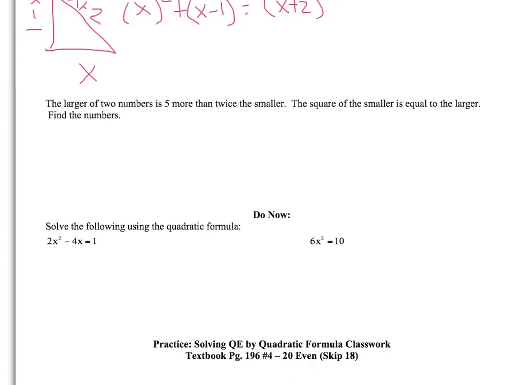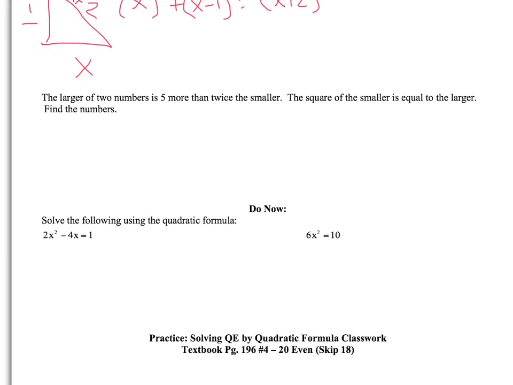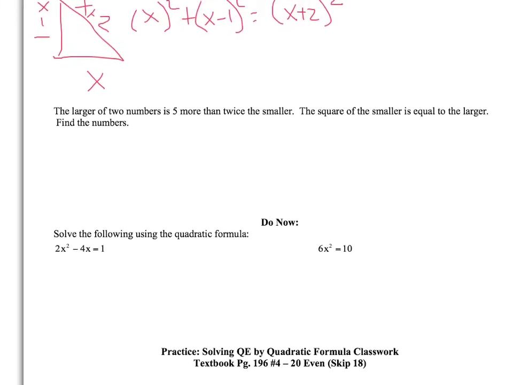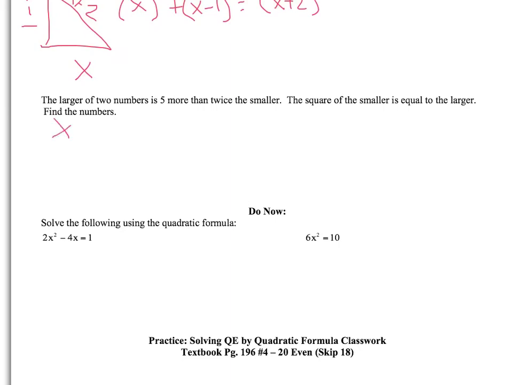It says the larger of two numbers is 5 more than twice the smaller. Well, if I say the smaller is x, the larger number is 5 more than twice it. Well, twice the smaller is 2x. 5 more than it is 2x plus 5.